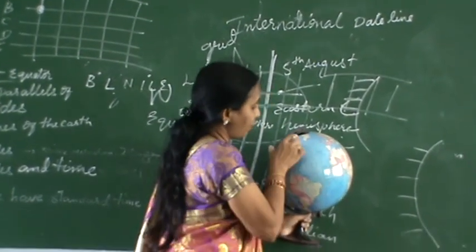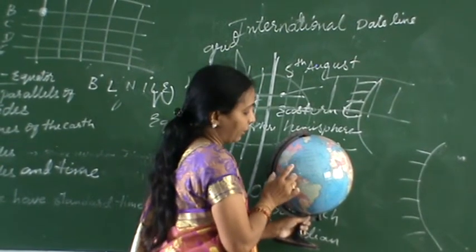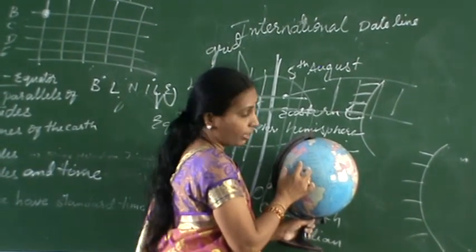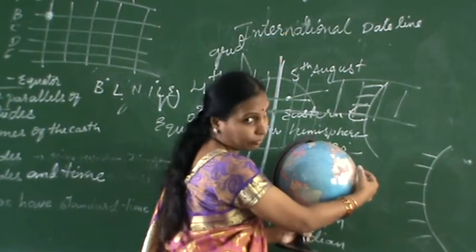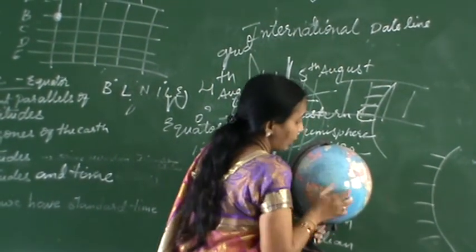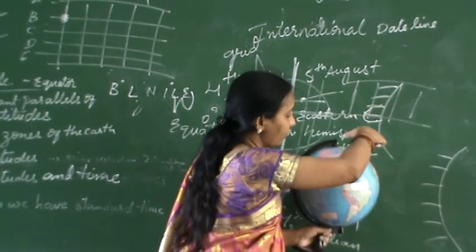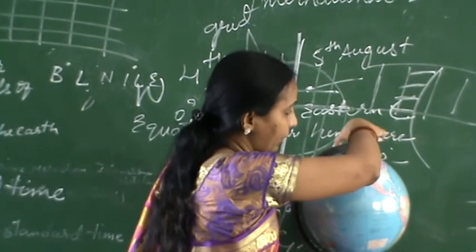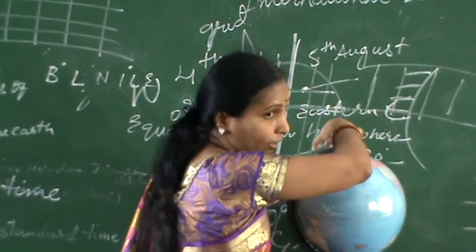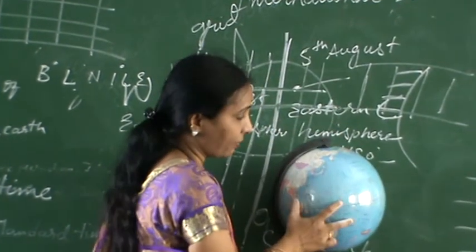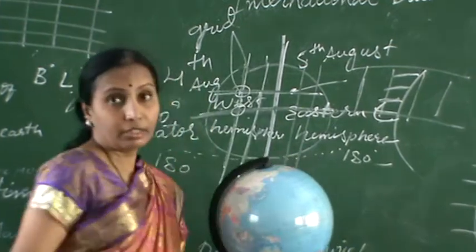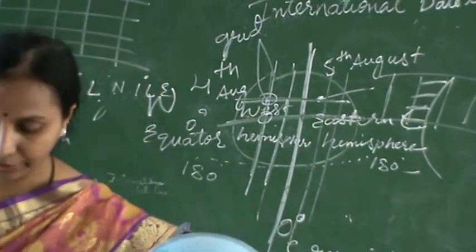The sun is now at the prime meridian near 12 noon. Then here will be 1, 2, 3, 4, 5. Here somewhere will be the 5. Now you see, when it is rotating like this, the point will come to 6, 7, 8, 9, 10, 11, 12. In this way. Understood?